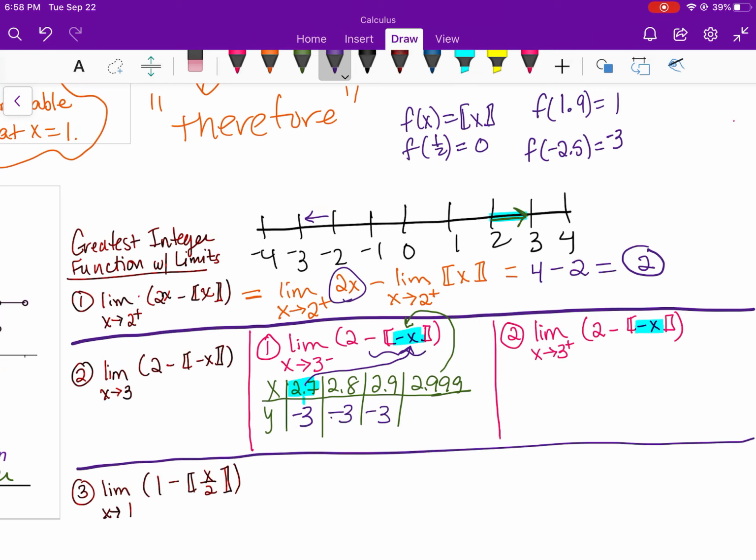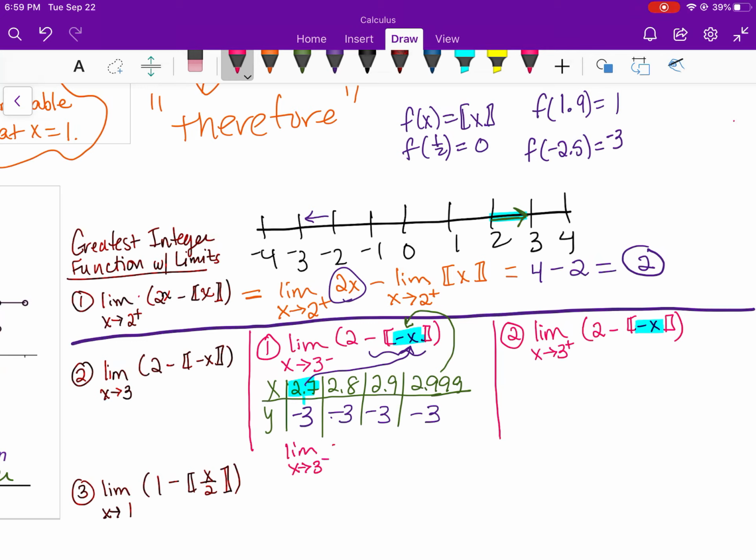And all of these go to negative 3. So now I have this limit is the same thing as, let me erase this line here. The limit as x approaches 3 from the left of that function is the same as 2 minus negative 3, which is 5. All right, and then I'm going to do the same thing on this other side.